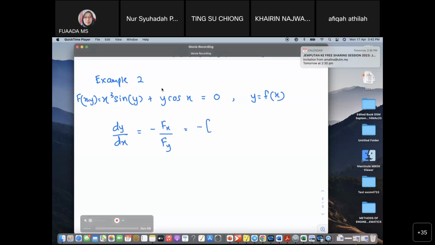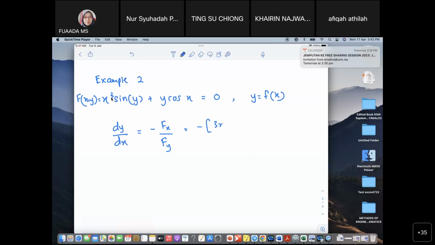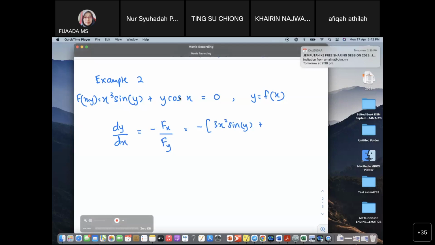Okay, so now we find the partial derivative f respect to x. Okay, y constant. So for this y constant, so sin y also constant. So we only differentiate x cubed. We will get 3x squared sin y. Okay, what else? The second term, we have x in the cosine function.